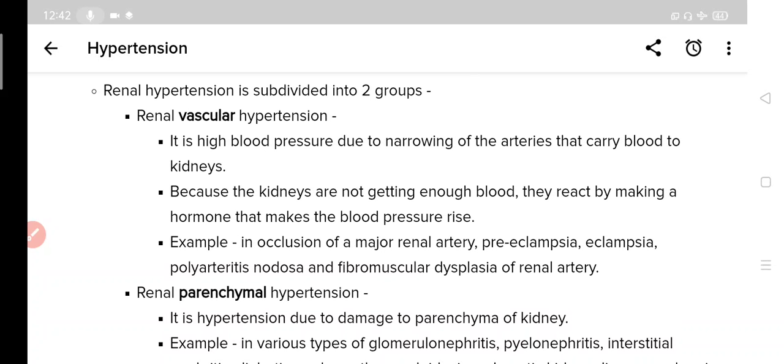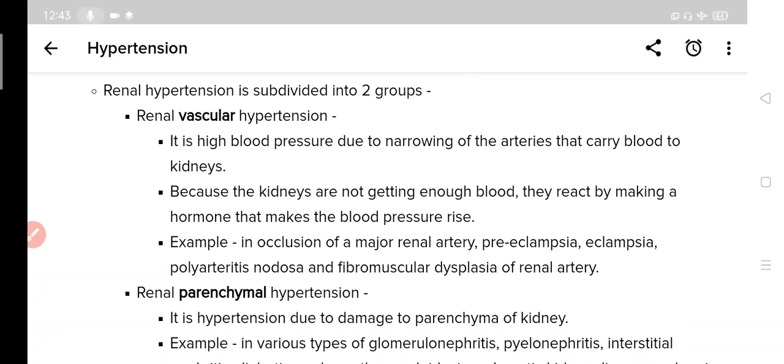Why do they produce a hormone that makes blood pressure rise? Because kidneys are not getting enough blood. So in their attempt to get more blood, they increase blood pressure, and this hormone will cause a rise in blood pressure.